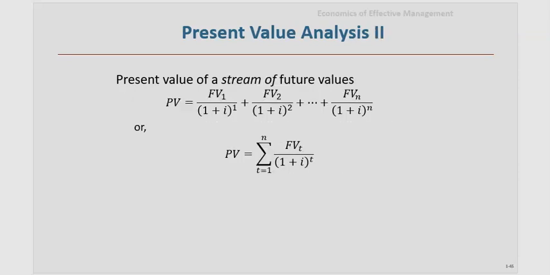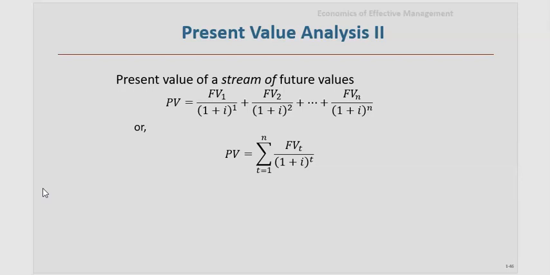Okay, so if you have a stream of future values, you just add up those present value formulas for each year that you receive those values. So if in year 1, which would be next year, right now is year 0, you receive future value sub 1, then you apply the present value formula.